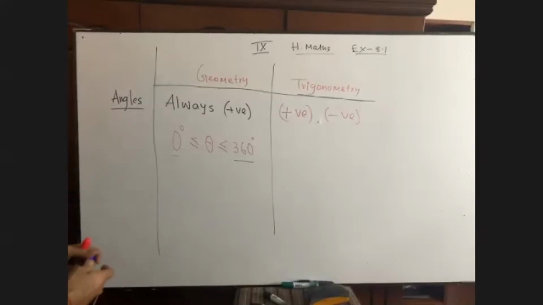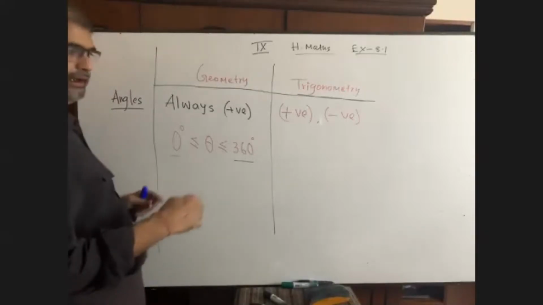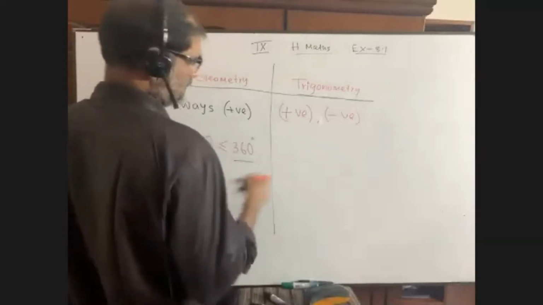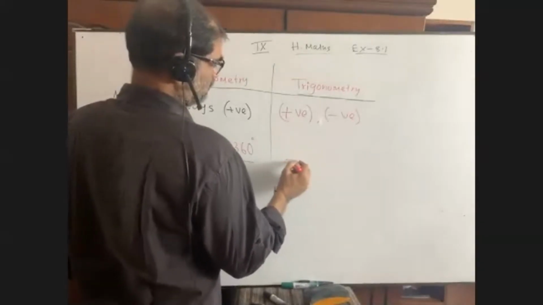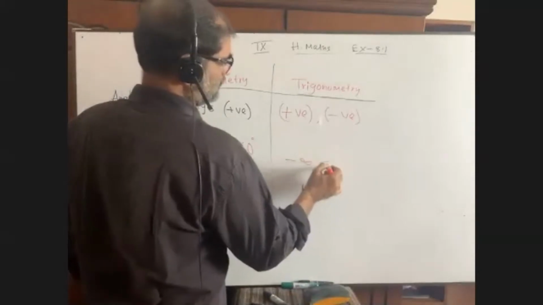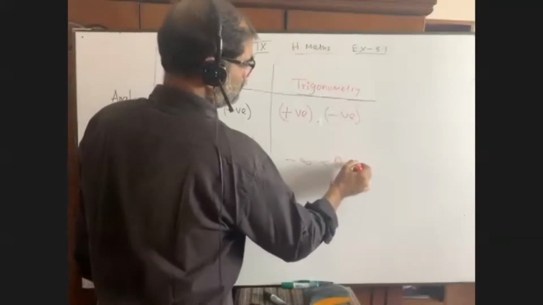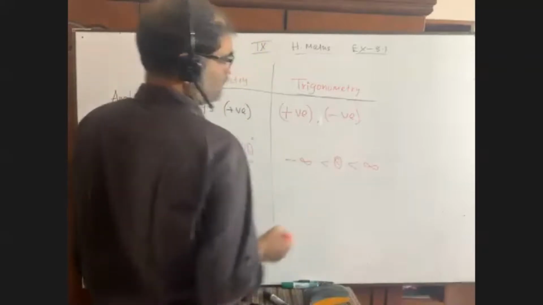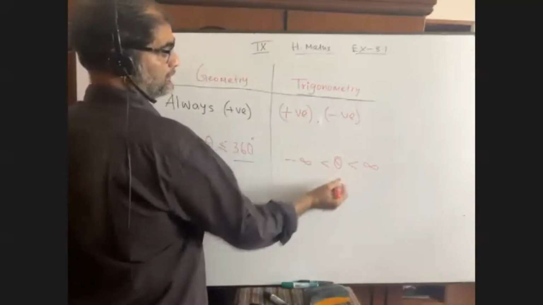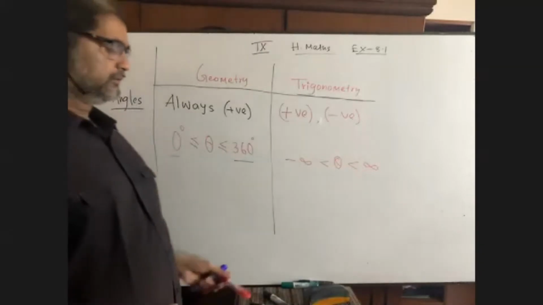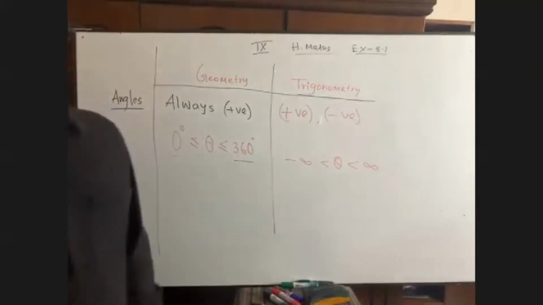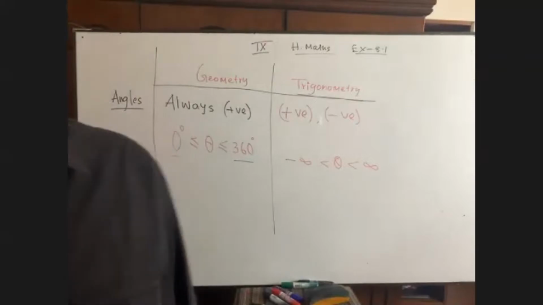But in trigonometry, there is no limitation. That is, it is, suppose, minus infinity to plus infinity. I have not given an equal sign. There is no limitation in trigonometry.